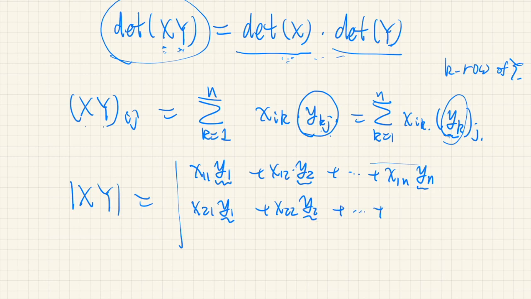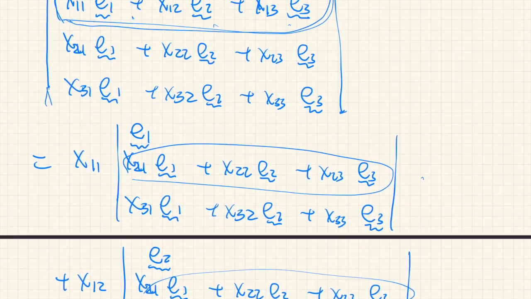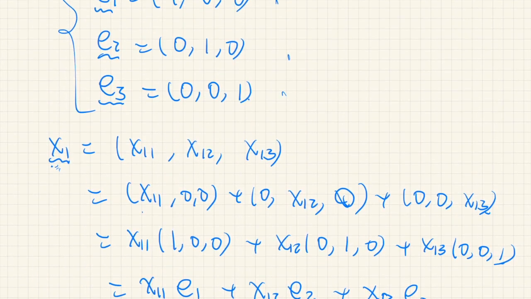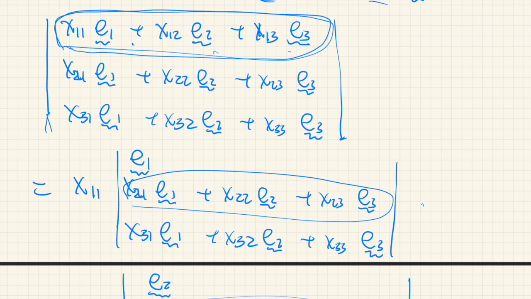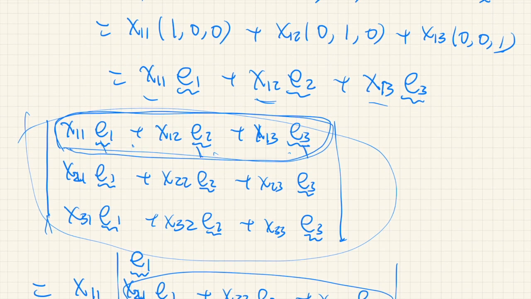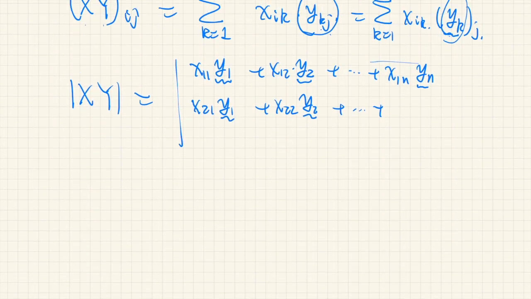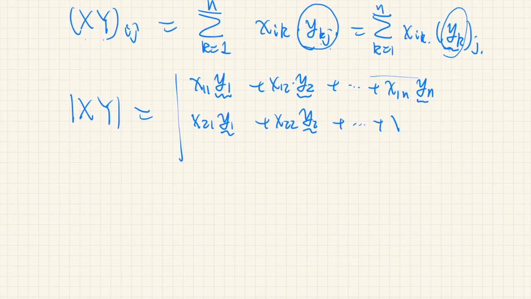This is quite similar to the decomposition we tried for this 3 by 3 matrix, instead of E1, E2, E3, we are using y1, y2, y3, and so on, to n, yn.